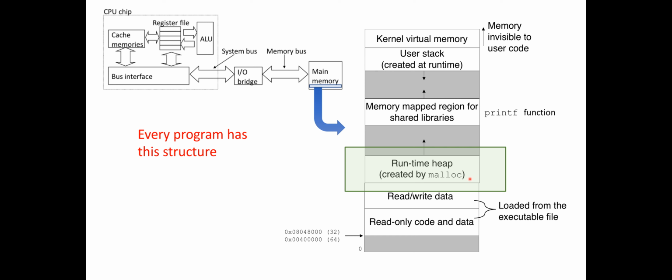What's nice about this thing called the runtime heap, which has nothing to do with heaps that you might have learned about in a data structures class, by the way, this is a portion of the memory that we can allocate at runtime by using a particular C function called malloc.